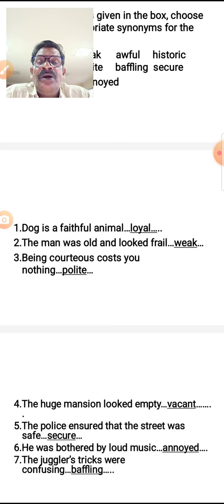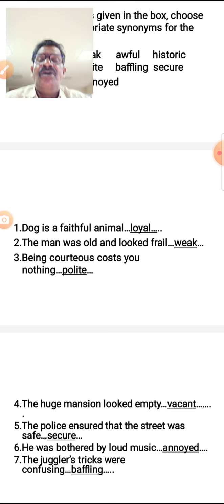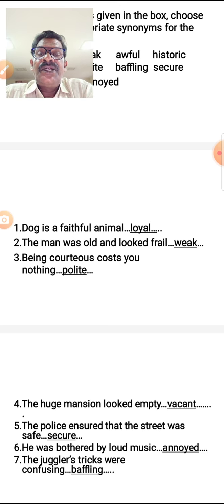Now, look at sentence number 1. Dog is a faithful animal. Faithful, synonym is loyal. Now, let us come to the second one. The man was old and looked frail.